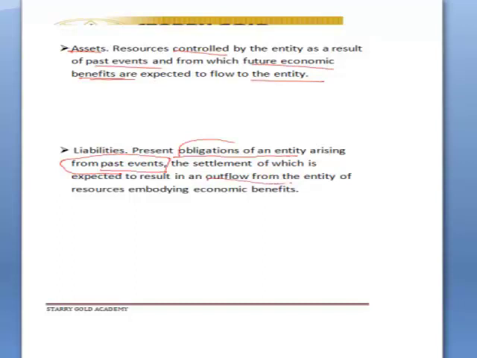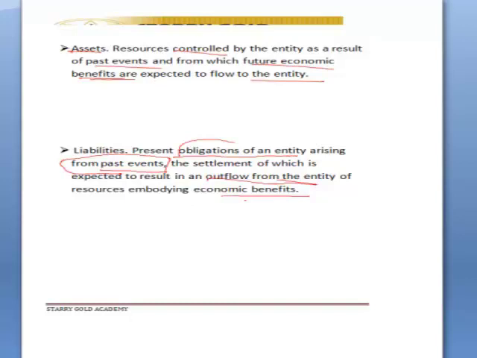In order to settle it, there must be an outflow from the entity of resources embodying economic benefits. So for a liability to exist, it must be an obligation, it must be from a past event, and in settlement of it, there is an outflow of economic resources of the entity in question.